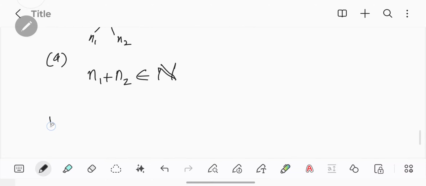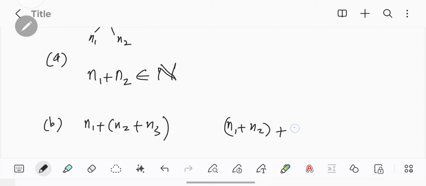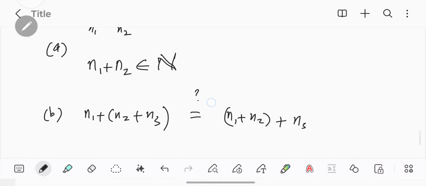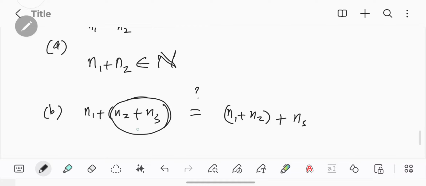So the first property is satisfied, so this is true, no problem. What about the second property? The second property is (n1 + n2) + n3 equals n1 + (n2 + n3). Are they equal or no? If they are equal, that means the second property is satisfied. If you add any two natural numbers and then add the third, or you add the other two first, you will get the same answer.